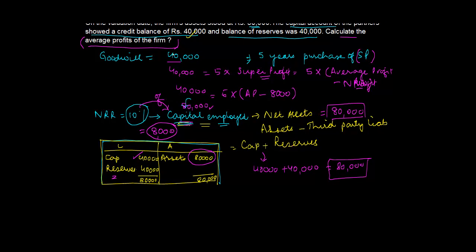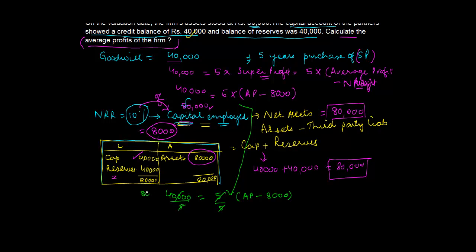From here I'll just jump on to this side. 40,000 is equal to 5 times average profits minus 8,000, right? Now if I solve this equation, what would I get? Let me divide both the sides by 5.